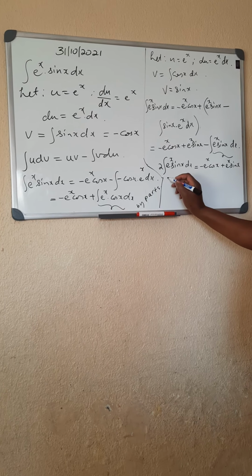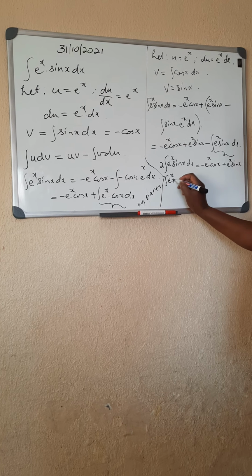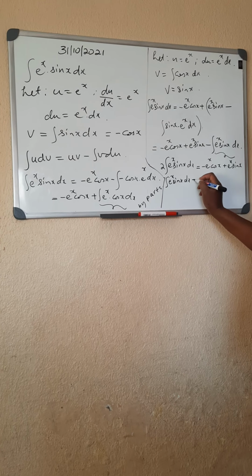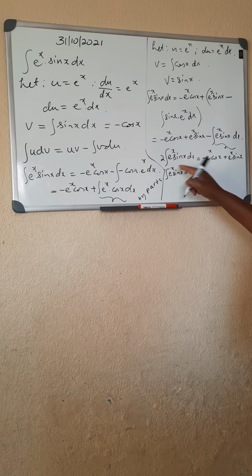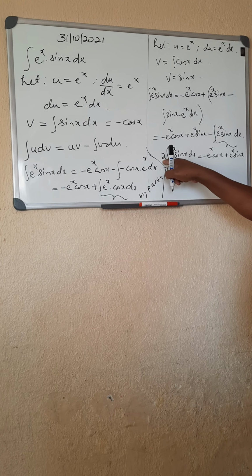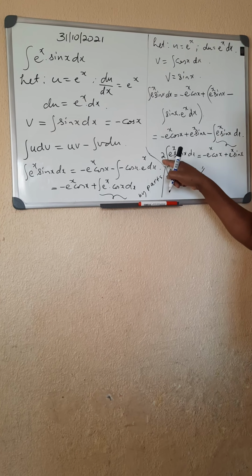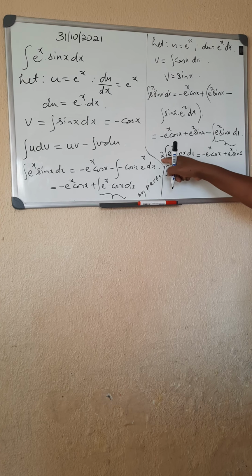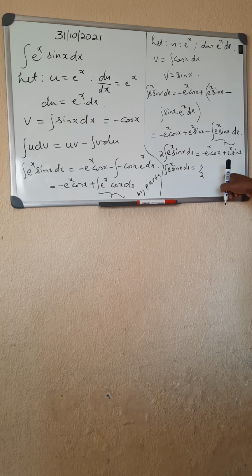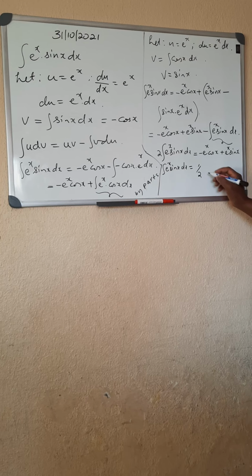When we divide by 2, then we have the integral of e to the x sine x dx equals 1 over 2, by way of counteracting on that. But if I multiply this side by 1 over 2, I also need to do the same thing. But at the same time, when I come here, I see that I can take e to the x out.